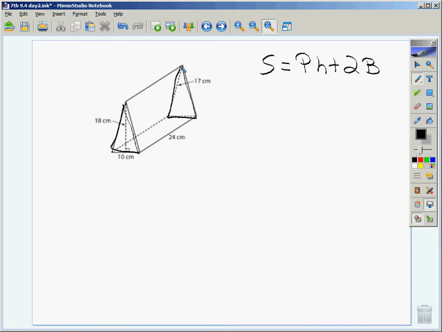What's the height? 17. What's the height? 24. The height is 24. It's not the distance from what looks like the bottom of the prism to the top. It's the distance between the top and the bottom faces, the two pieces that are parallel and congruent.